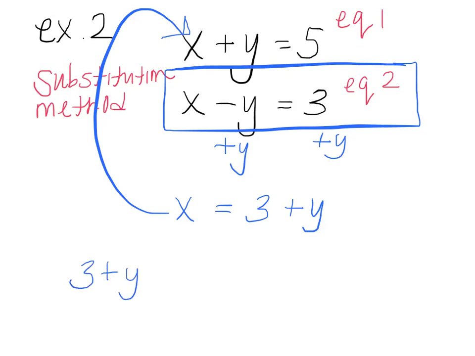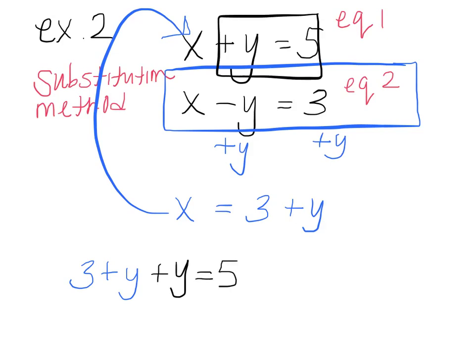And then I keep going. Plus y equals 5. So let's simplify that a little bit because that's kind of messy. So I have 3 plus y, so I'm going to make that 2y equals 5. So now I have just one unknown. So I'm going to solve for y.